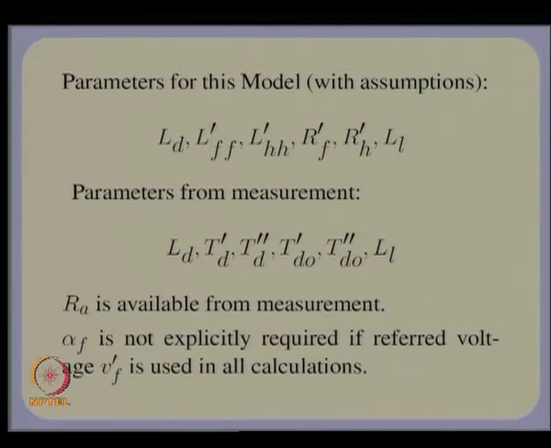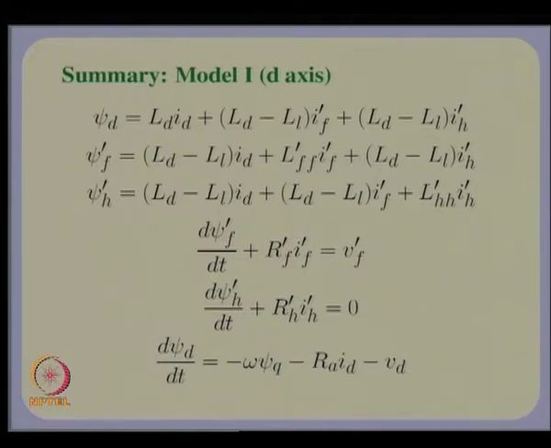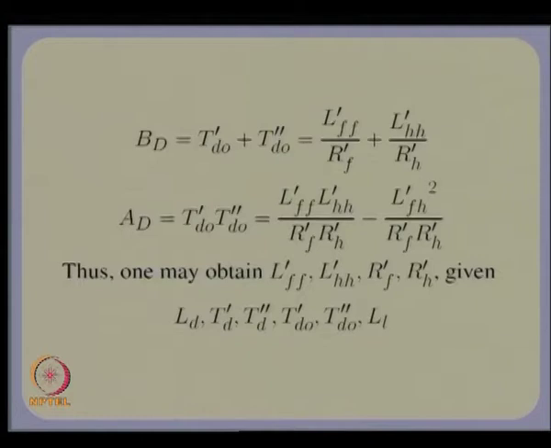A similar thing can be done. So the summary of model 1 on the d axis is this. This is the model which you will use. LFF dash, LHH dash, LD, LL, RF dash and RH dash are going to be calculated from the standard parameters using the interrelationships which we have discussed some time back.